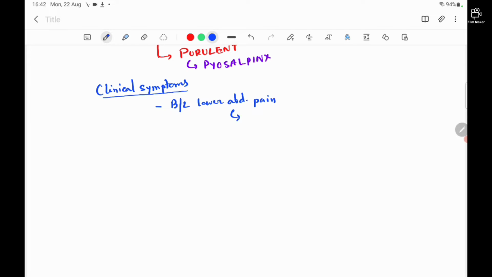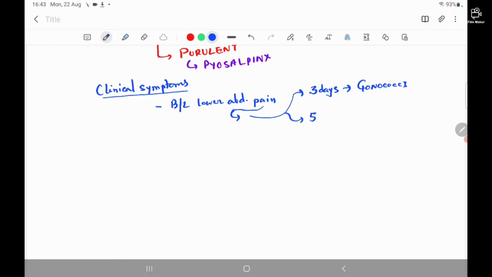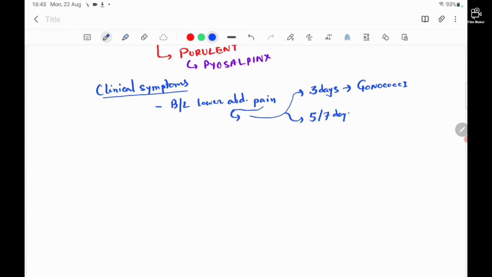This pain might be for 3 days. The patient might say, dear doctor, I am having this pain for 3 days. So if she says 3 days, you might suspect directly a gonococci infection. And if she complains that it is almost around 5 to 7 days, then you might suspect a chlamydial infection.